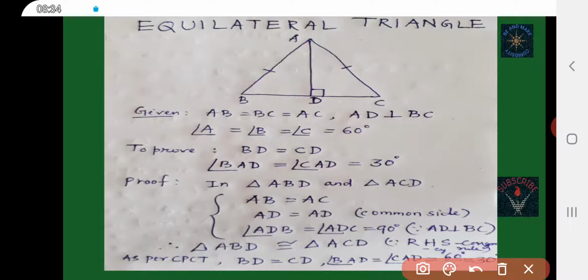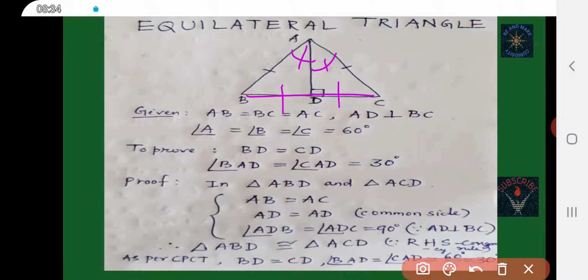So here we got angle BAD is equal to CAD, and BD is equal to CD.